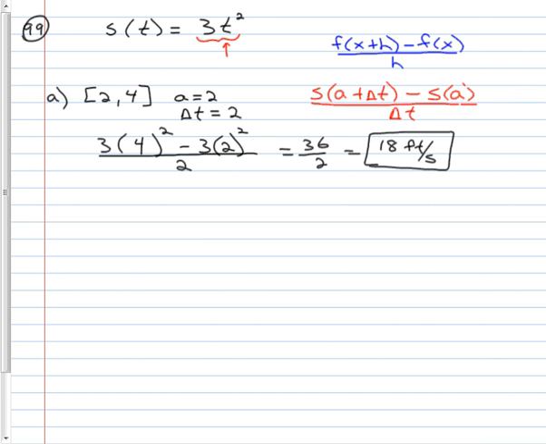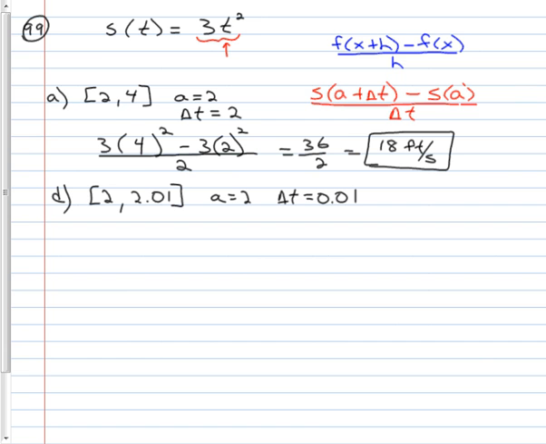Now I'm going to jump down because we could do this on and on and on. Let's go to the last. Well, you pick. Do you want me to do C or D? They both work. They all work the same. But do you want me to do C or D? Let's do D. Interval from 2 to 2.01. Interval from 2 seconds to 2.01 seconds. That means our starting value A is 2, and our time interval delta t is 0.01.